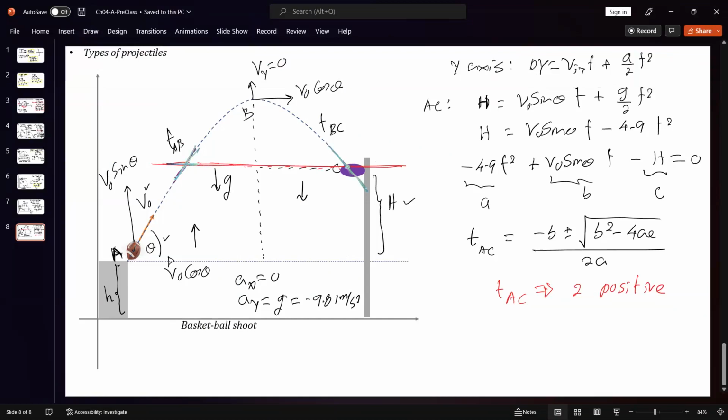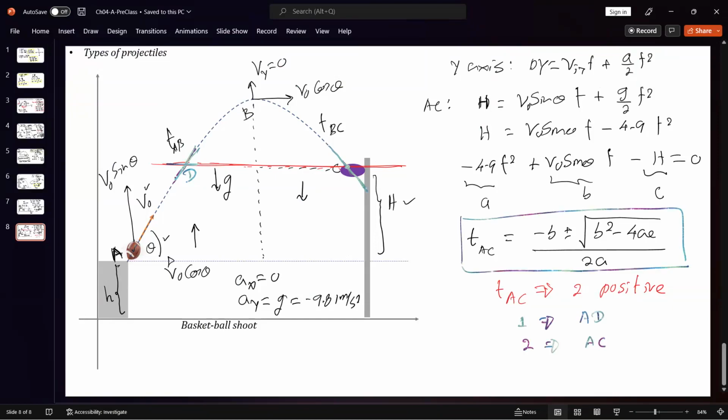So there are two different locations, point C and point D, where the projectile path cuts. As a result, you will get two positive times. One positive time is when it goes from A to D, which is the smaller value. The second positive time is the time from A to C. So those are the things you need to carefully analyze.